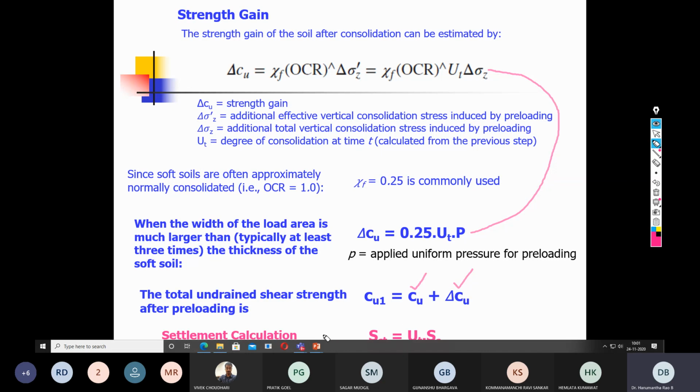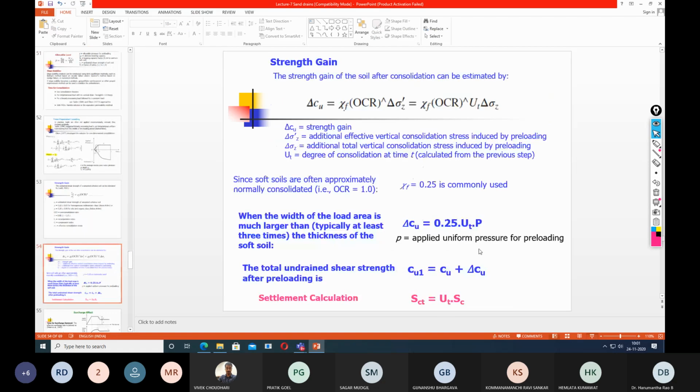And the settlement calculation. The settlement at any time t is nothing but UT into SF. You can see the settlement calculation: the settlement at any time t is the degree of consolidation at that time multiplied by the total settlement.